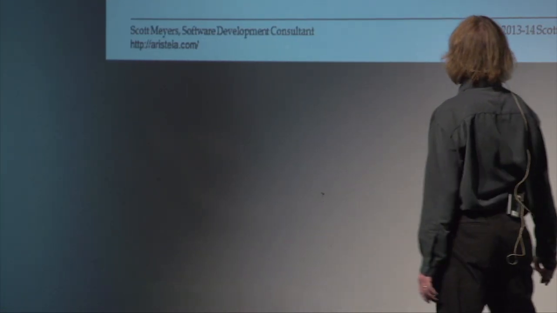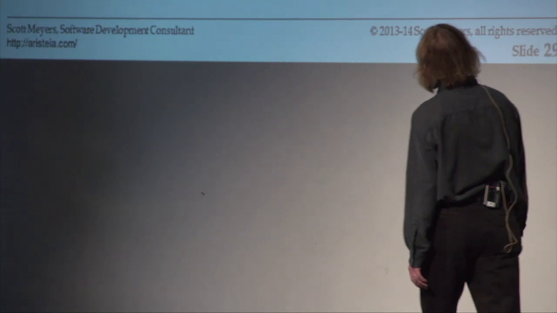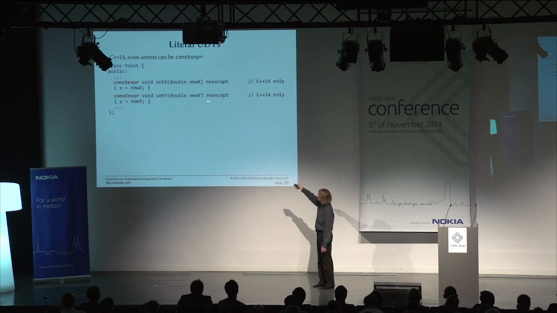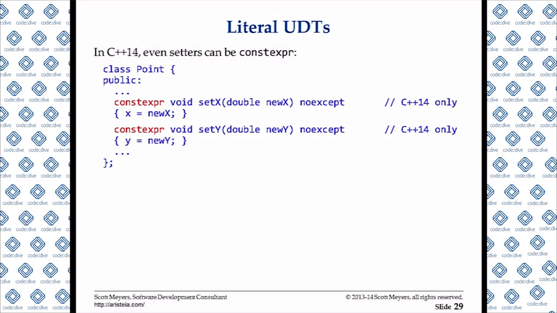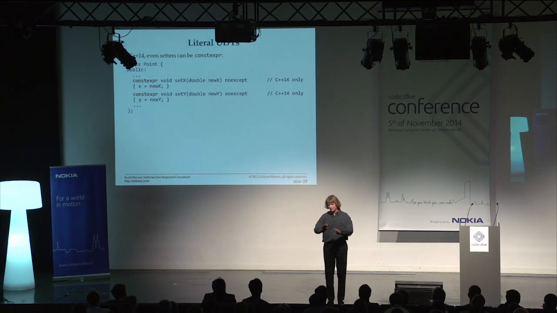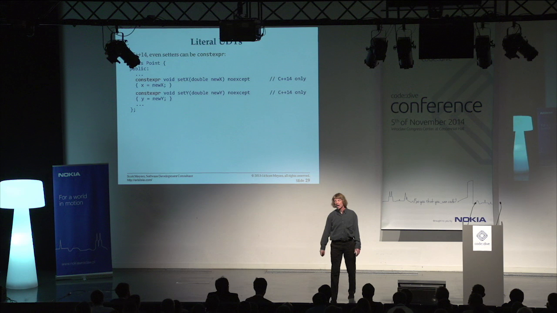Okay, so question 1 was about my use of noexcept, and you may have noticed that I have noexcept sprinkled on most of these constexpr member functions. So your question was, is it required? The answer is no, it is not required. And this being C++, it actually is possible to have a throw statement in a constexpr function, but that's a much longer discussion.